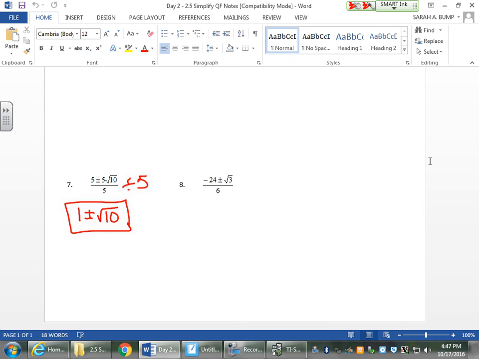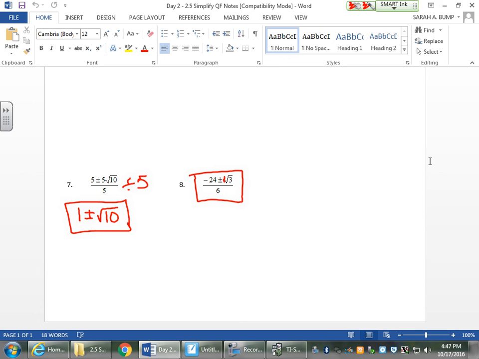And then on number 8, kind of a trick question here. You can't break apart the radical 3. You're going to probably be really tempted to do the 24 divided by 6. But again, this radical 3 has a 1 in front of it, and 6 does not go into 1. Therefore, this is done again. You can't do anything with that.